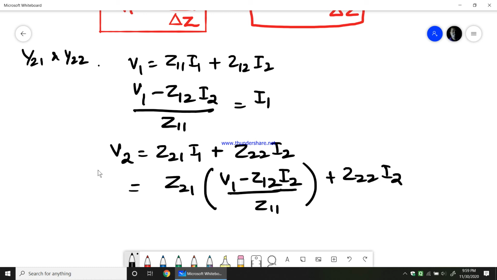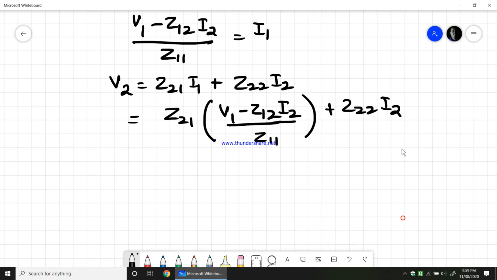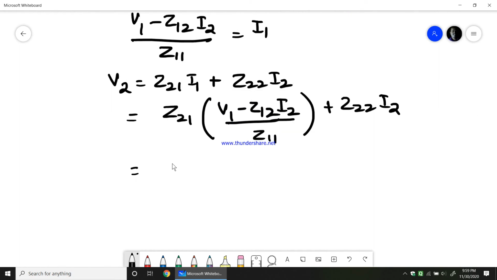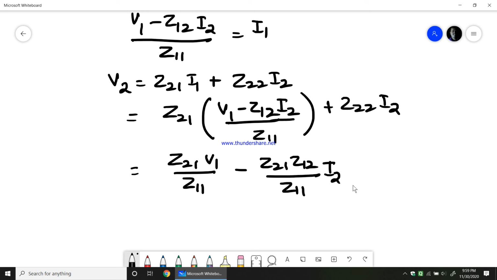Here this term you multiply and separate it. So I'll get Z21 V1 by Z11 minus Z21 Z12 by Z11 I2 plus Z22 I2.